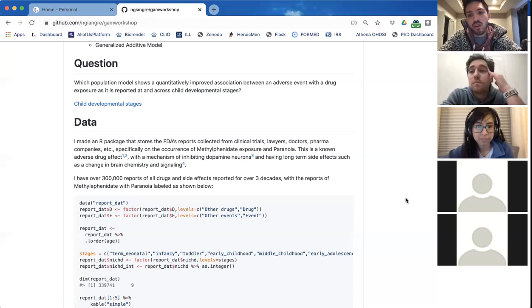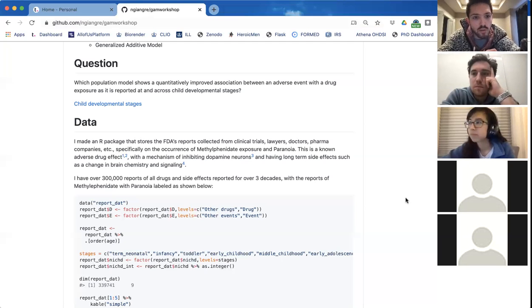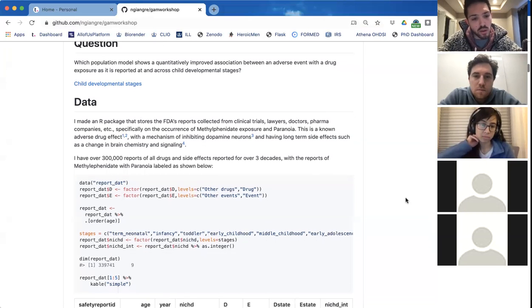Whenever I do this, I talk to a physician and make sure that what I'm looking for is clinically plausible. Yeah, exactly. But for today's purpose, I just chose these two different things that have been reported together, and so that's what I chose to look at.